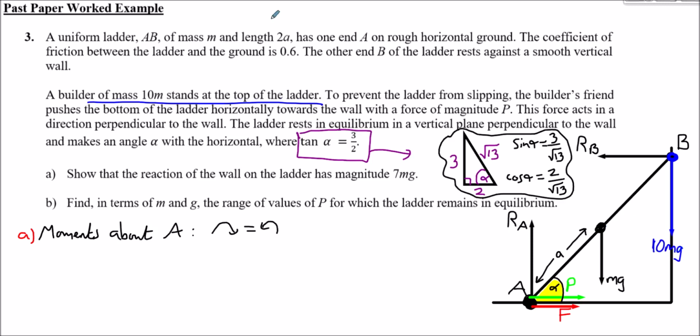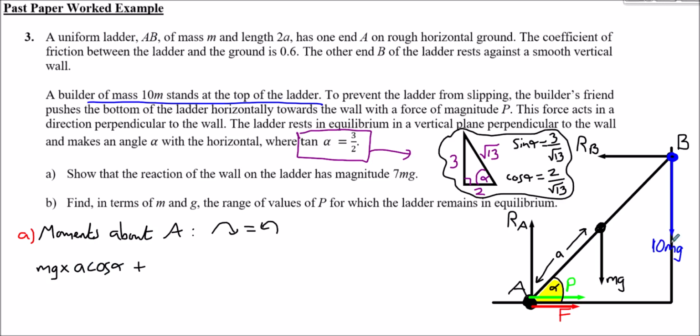10 mg. So this mg force for weight will have a distance away from A from here to here. And so what we consider here is this triangle, which I'm just tracing over here, with hypotenuse A. If its hypotenuse is A and the angle's alpha, this distance here will be A cosine alpha.